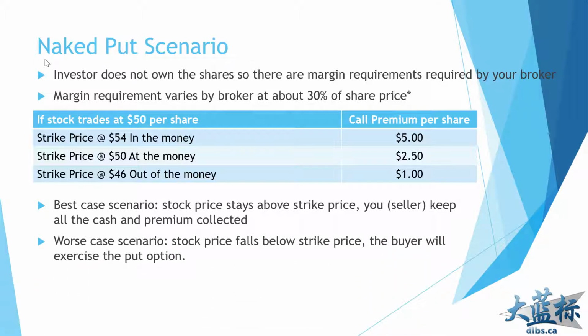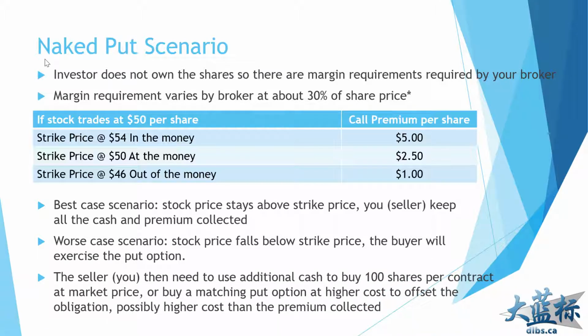Worst case scenario, if the stock does fall below the strike price, then there is an incentive for the buyer to force you to buy those shares at the strike price, which would be higher than the market price. So in that case, you would need to go to the market to buy these shares from this exercise, even though knowing that it's actually a higher price than the market.